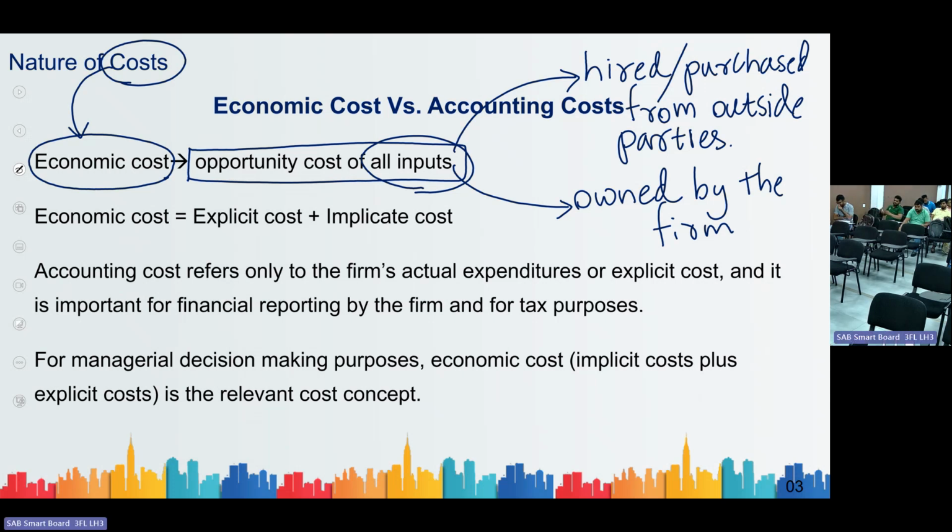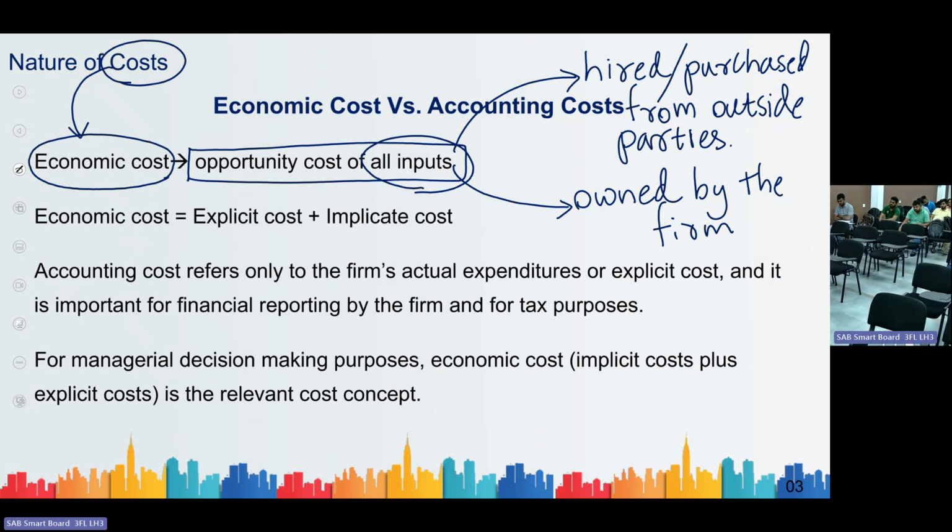And the other part of inputs are owned by the firm, for example, machinery and buildings. Machines, most of the time, are owned by the firm. Yes, of course, some part of machines may be hired, but in most cases machines are purchased by the firm itself. Buildings, most of the time, are constructed by the firm, so they are owned by the firm.